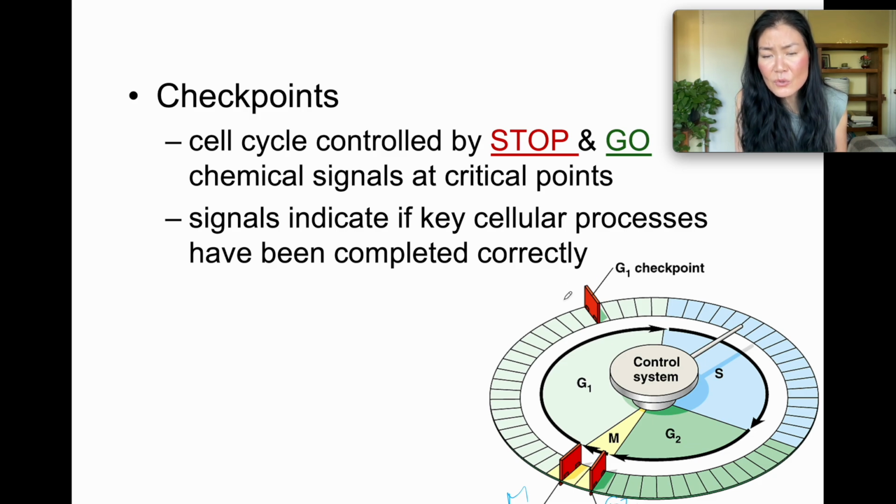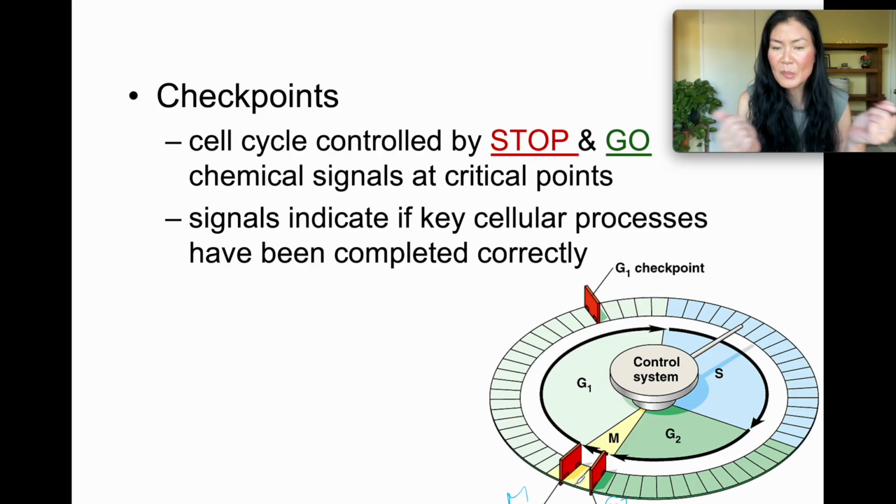Is there enough food, enough nutrients available to move to the next phase? At the G2 checkpoint, is the cell ready for mitosis? And the M checkpoint is actually called the anaphase checkpoint. Is it ready to complete anaphase? Are the sister chromatids ready to separate in anaphase and move forward with mitosis and complete mitosis?